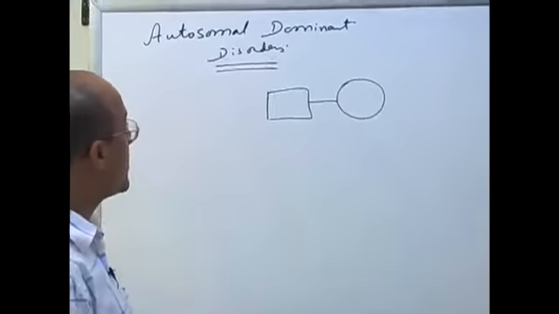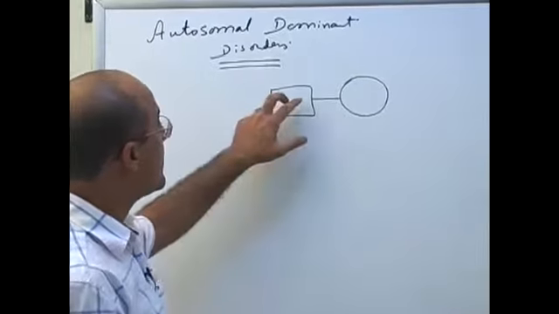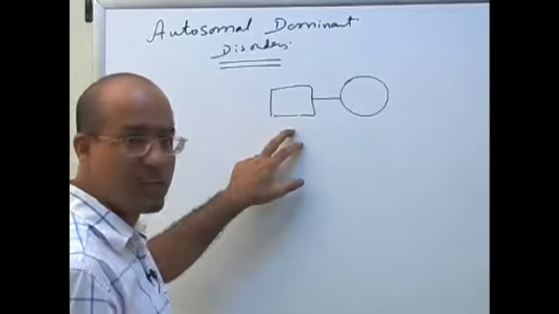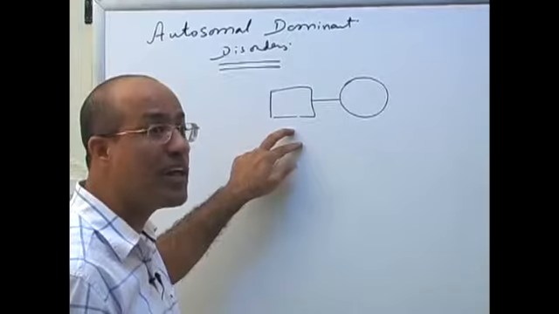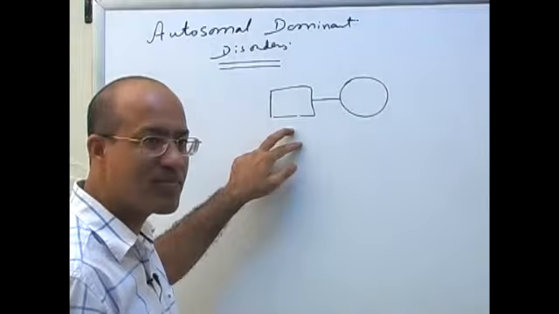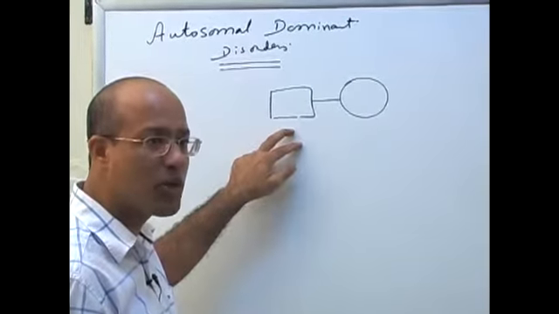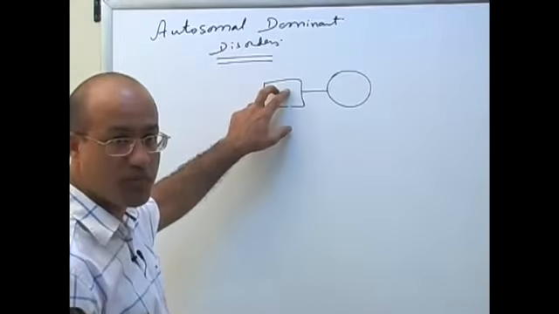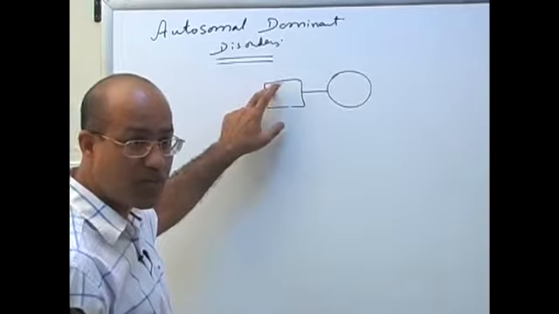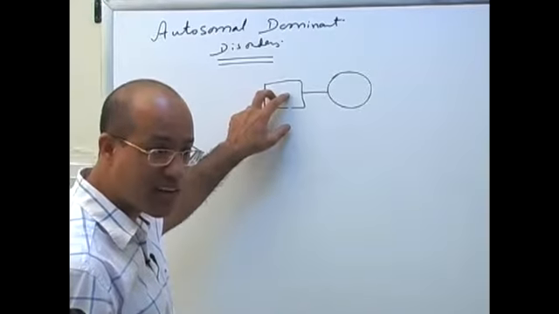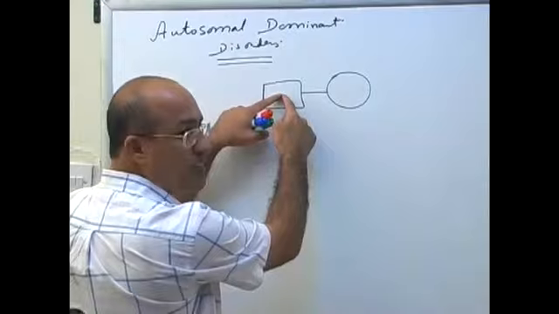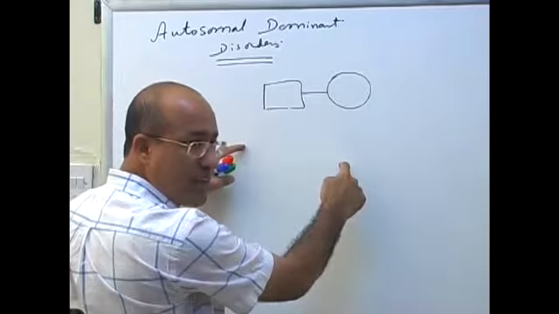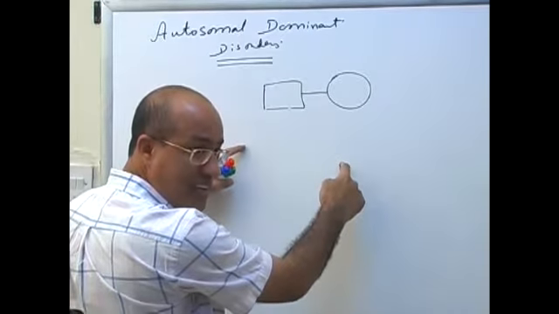Now, one thing you have to understand, that when this person is making sperms, what will happen to the different alleles? What will happen to homologous chromosome? He has two homologous chromosomes for this man, one from his mother and one from his father. Those chromosomes will be segregated into sperms. Is that right?